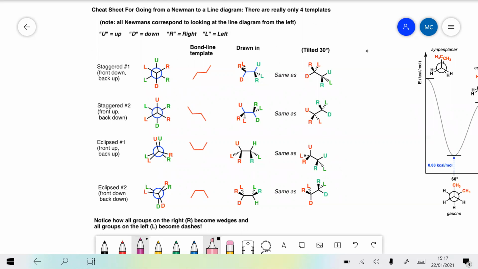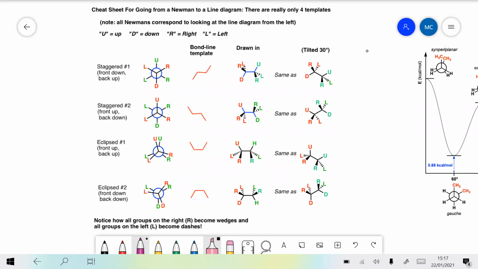I'm going to make this emphasis. Find the method that works best for you. Okay? Now, once you draw the sawhorse conformation, then you can start to have a look at what you've got.